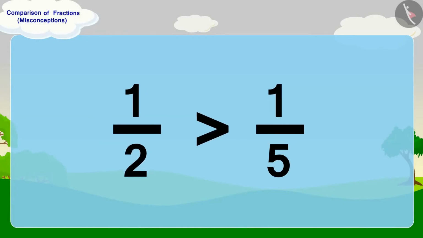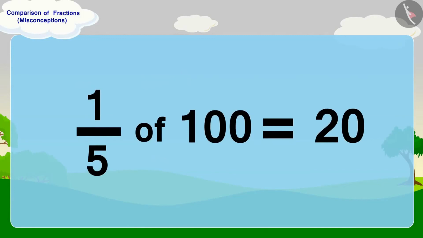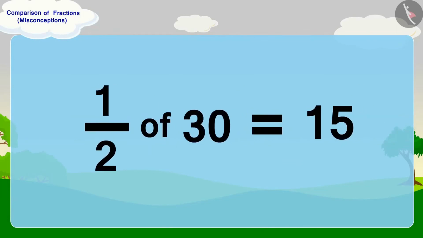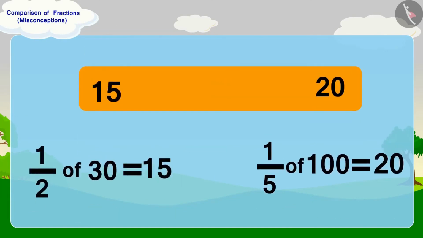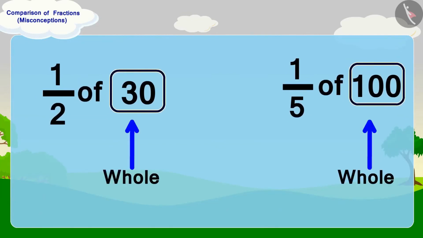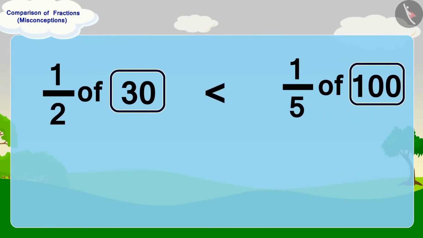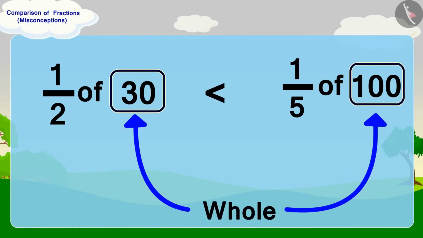But if we talk about 1/5 of 100, which is equal to 20, and half of 30, which is equal to 15, then we can see that half of 30 is smaller than 1/5 of 100, because their wholes are not the same. Therefore, to compare fractions, we must pay attention to fractions as well as their whole.